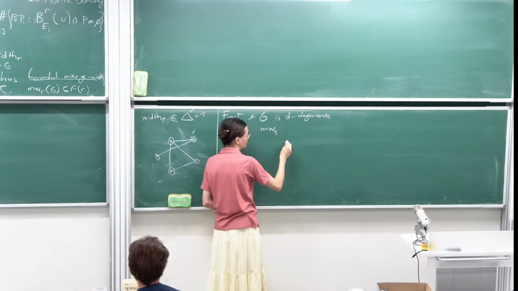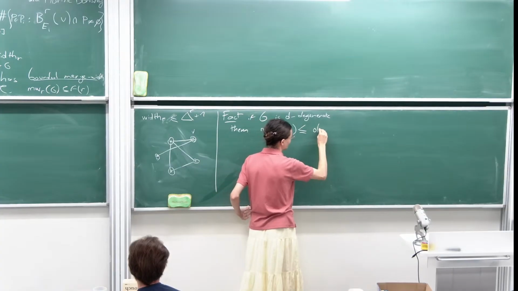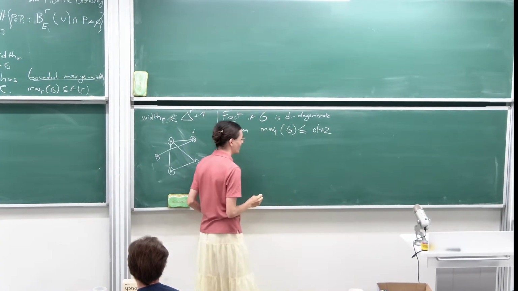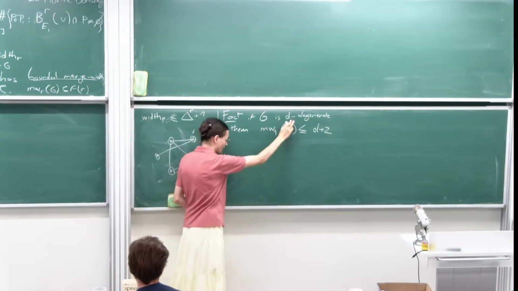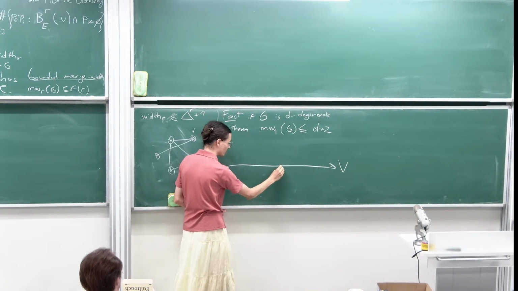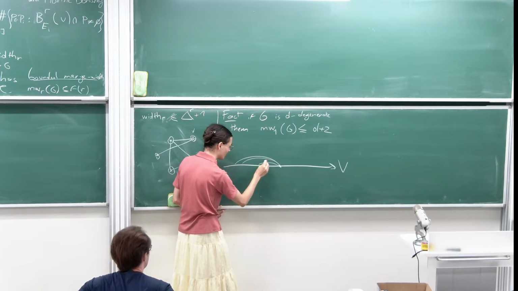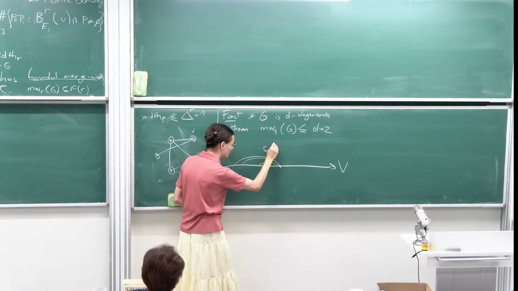So the merge width at radius 1 of G will be, I think, D plus 2. D-degenerate means there is an ordering of the vertices, and now each vertex, if you look at its neighbors on the left, there are at most D of them.